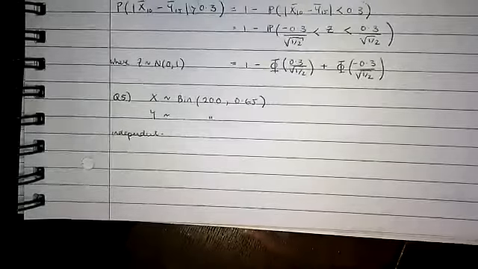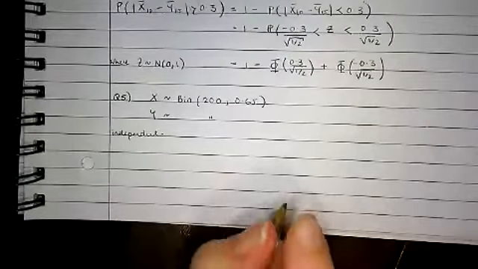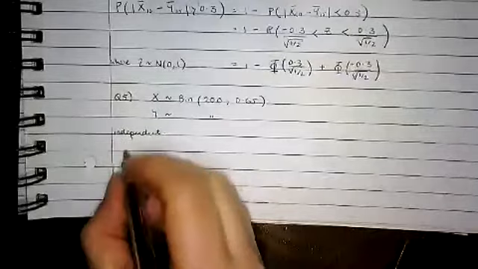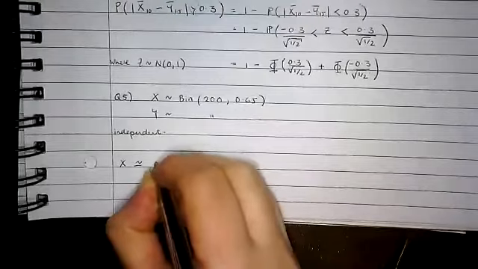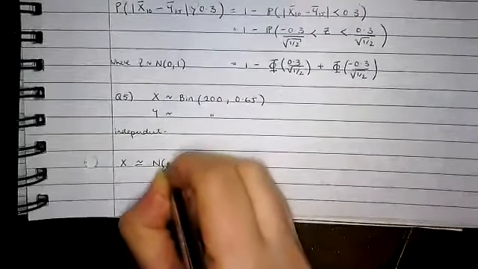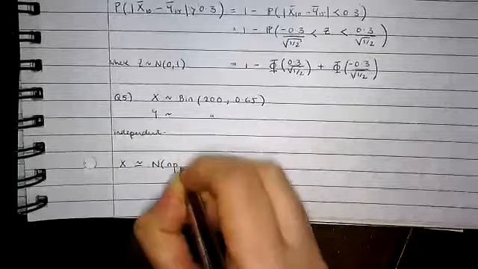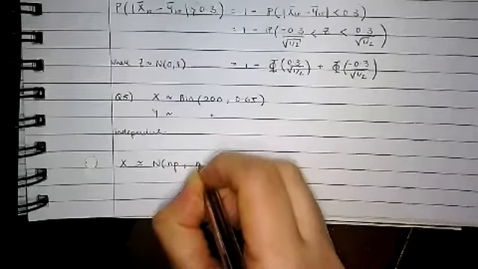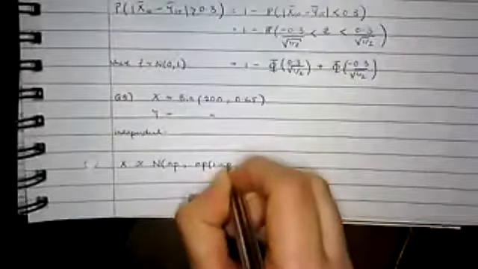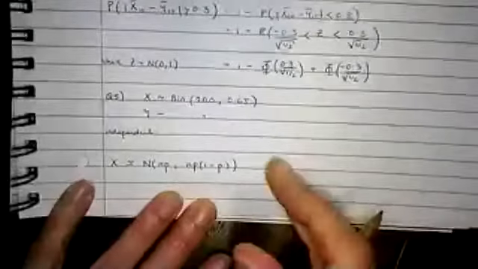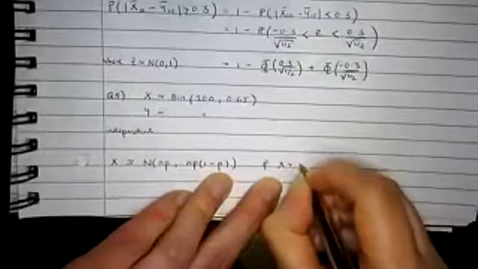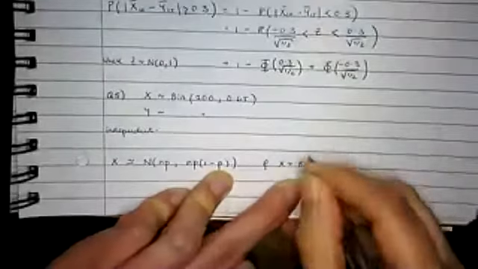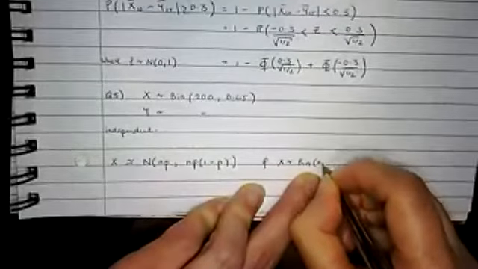Well, maybe with R, but really, no. So the first thing you want to be remembering is that X is approximately distributed normal, with mean np and variance np(1 minus p). And if you've done question two, it gives you an idea of when you can use this representation, if X is distributed binomially with parameters n and p.